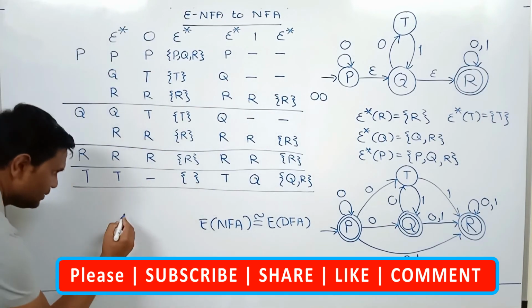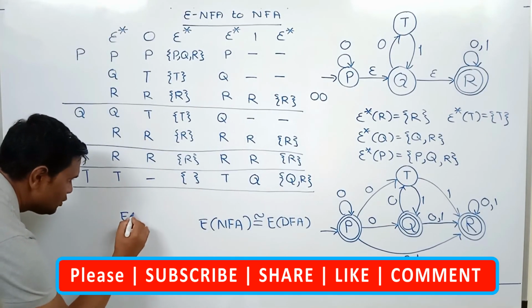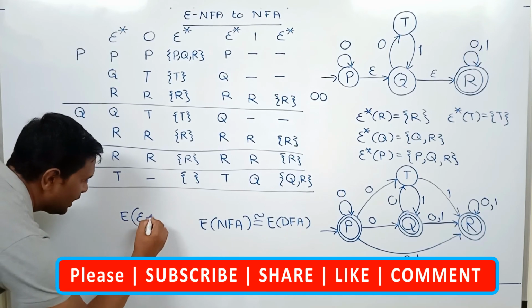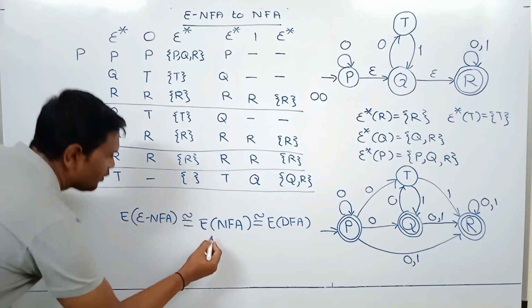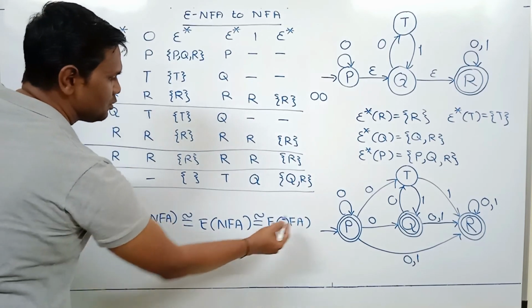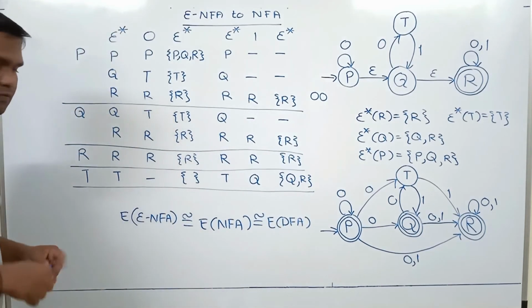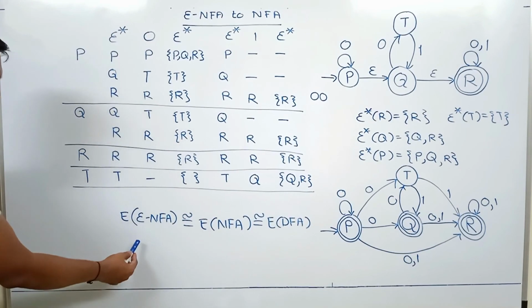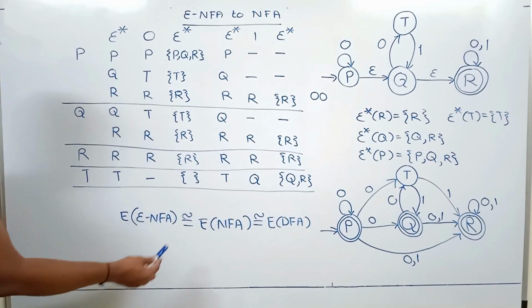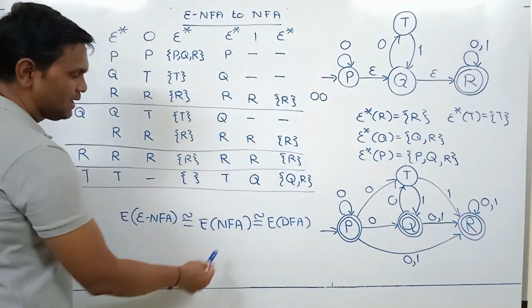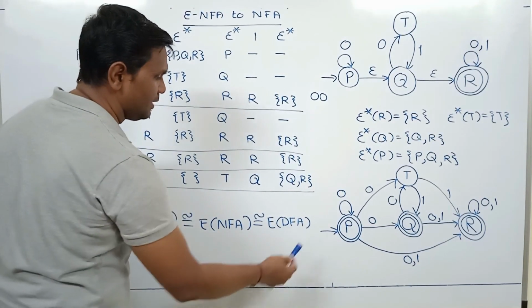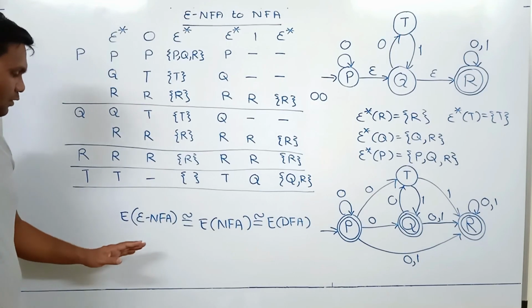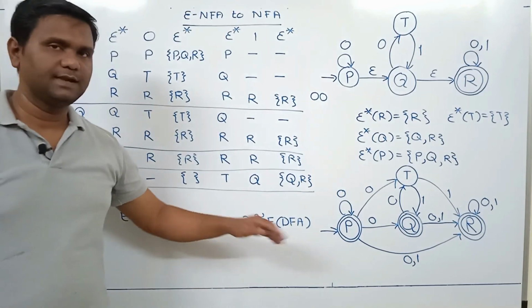So we can say that expressive power of epsilon NFA is same as expressive power of NFA, and it is same as expressive power of DFA. For any language, if you can construct epsilon NFA, then you can construct NFA without epsilon transitions, and you can also construct equivalent DFA. So expressive power of epsilon NFA, NFA and DFA is same.